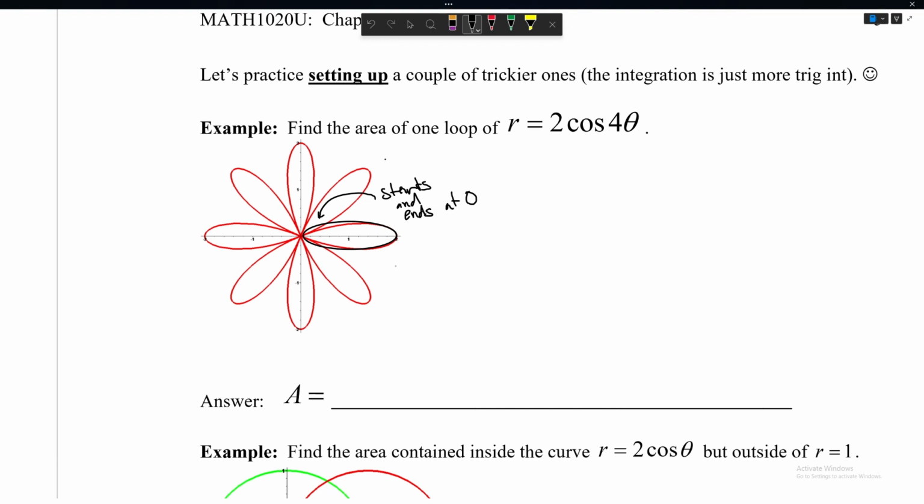And so my r is 0. So what I can say is 0 equals 2 cos 4 theta. And now I can solve for my theta.